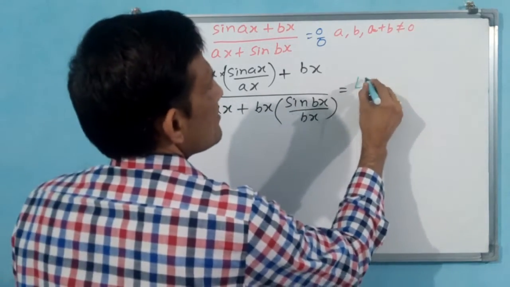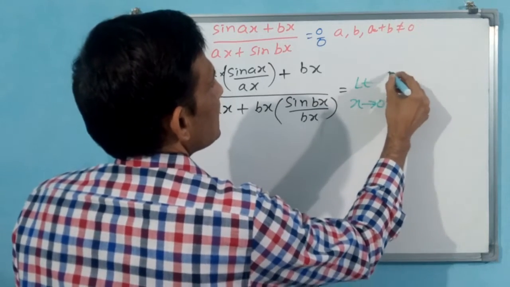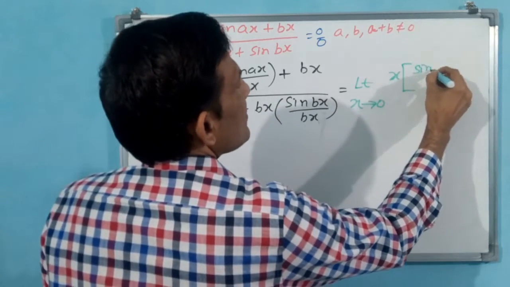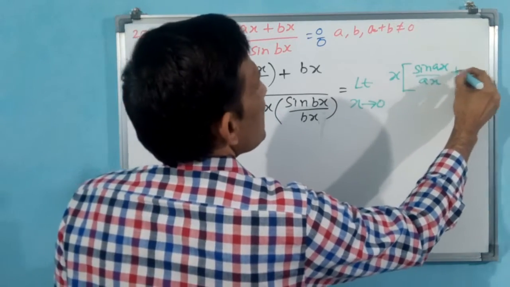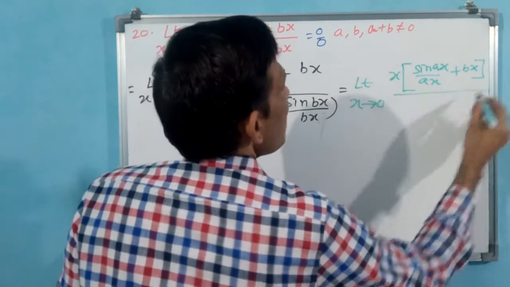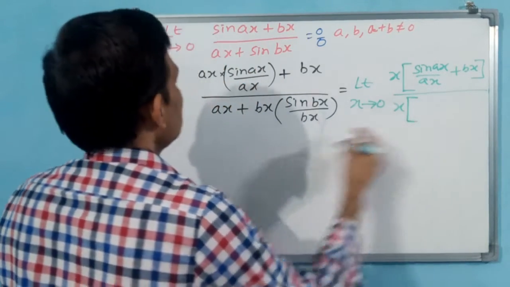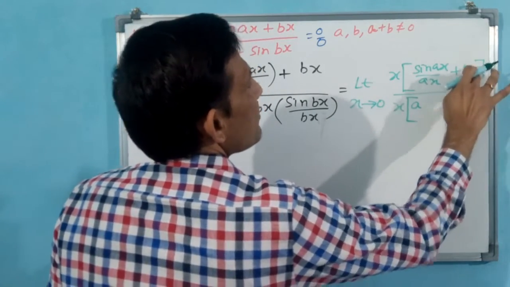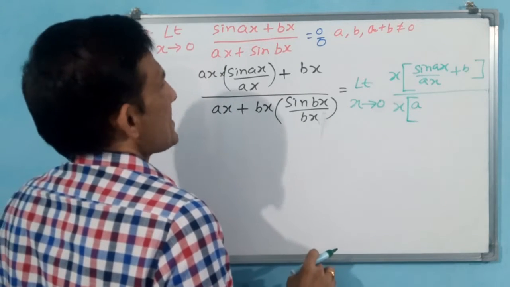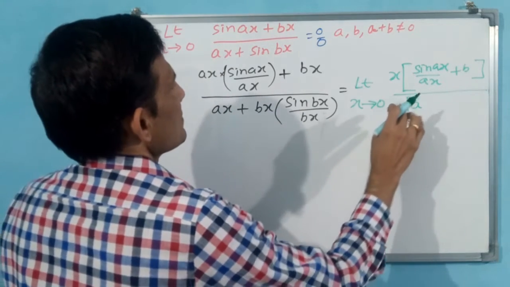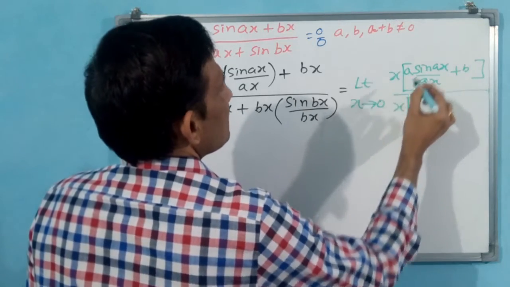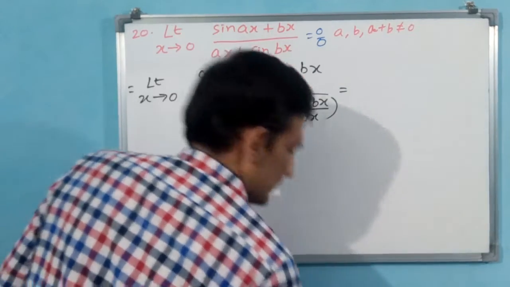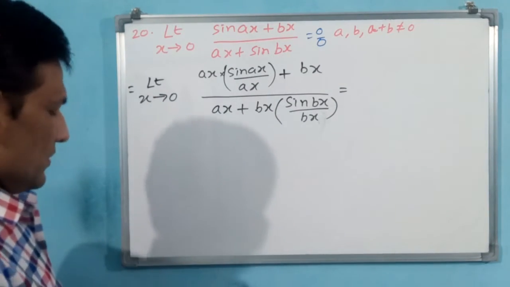Limit x tends to 0. I am taking x common from the numerator: sin ax by ax plus b, divided by, here also I am taking x common. Sorry, bx will not be there, only b will be there, and a will be there here. See what will happen.